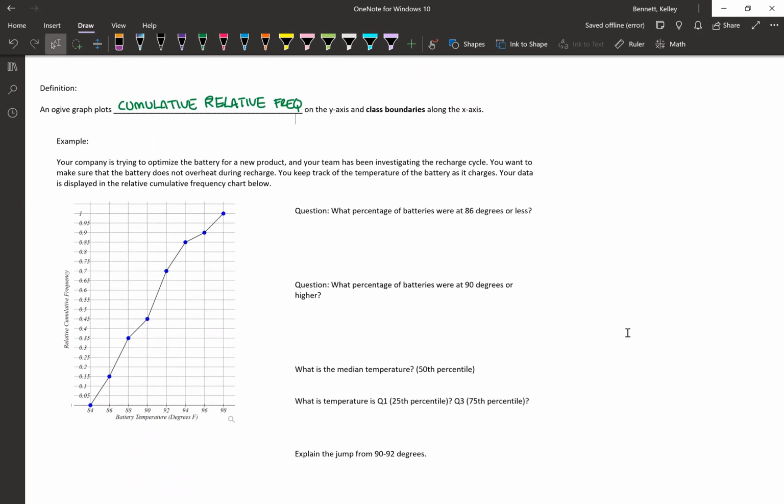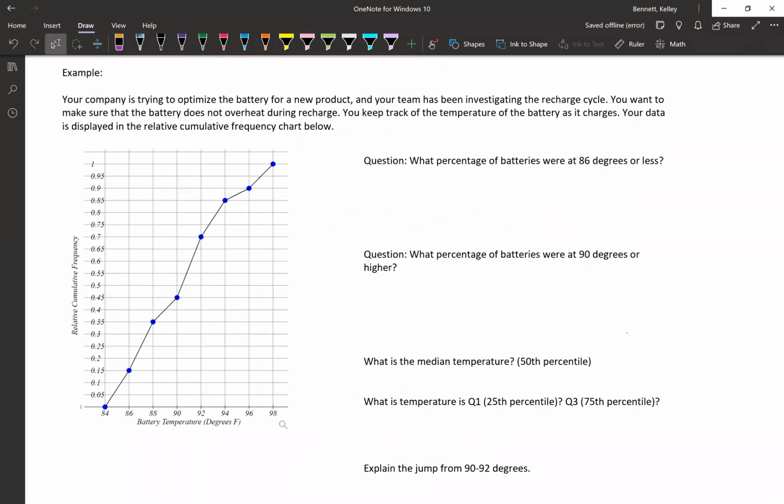So if you look at this chart here, on the bottom, we have battery temperature. And on the right, we have relative cumulative frequency. So what this is showing us is that if we're looking at batteries recharging and we're keeping track of the temperature of the battery, I can look at this graph, if I could just zoom in for a second, and I can see a couple of things here.